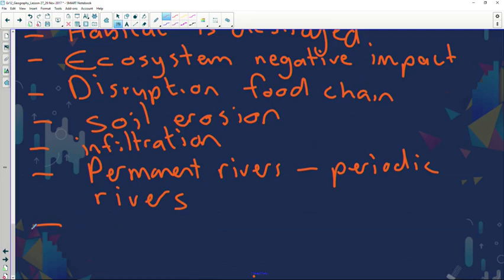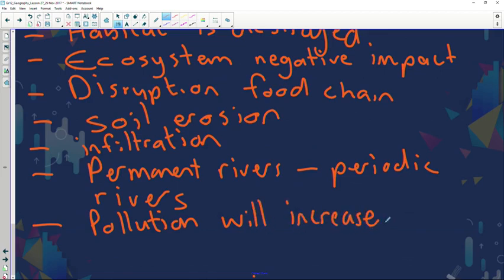And lastly, because of an urban settlement, what do people just tend to do? We tend to pollute. So pollution will increase. Not only water pollution, but noise pollution as well as air pollution.